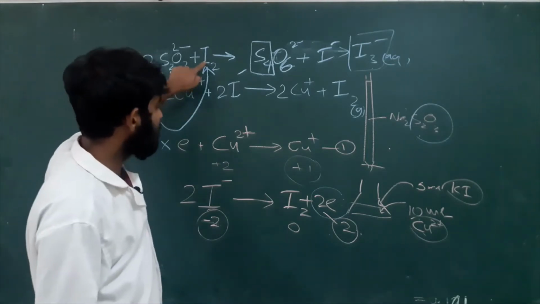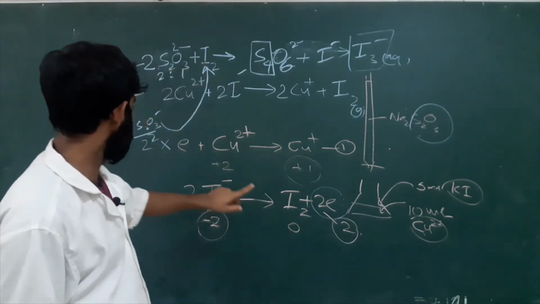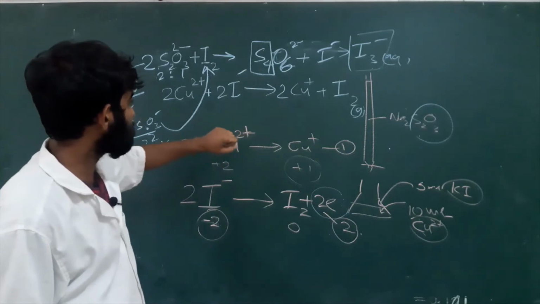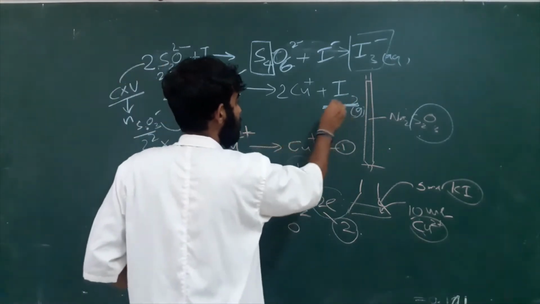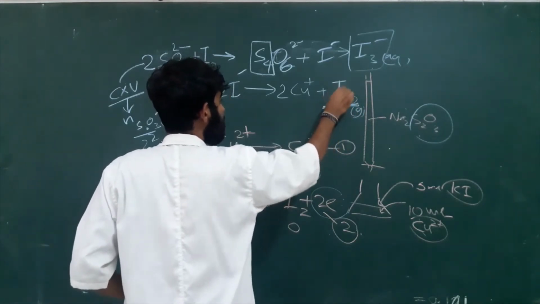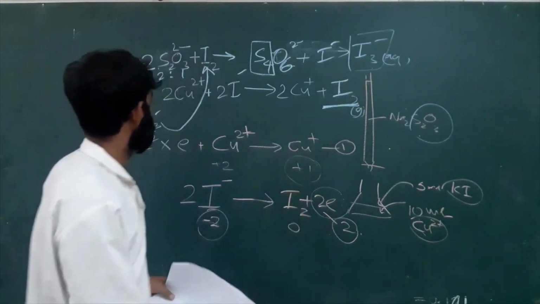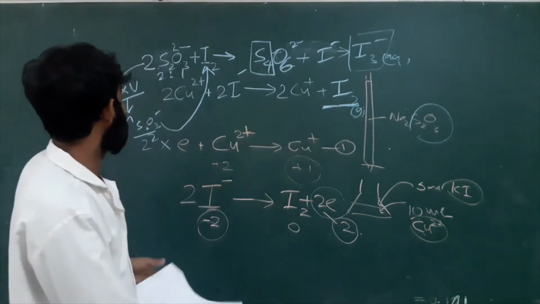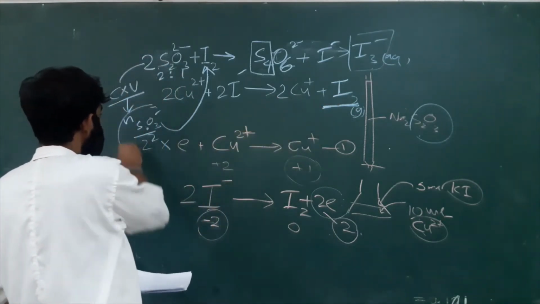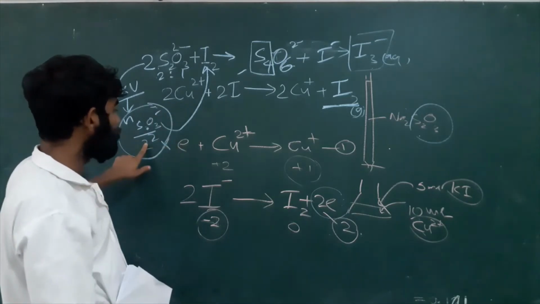In our balanced equation, to get the number of moles of iodine, we have to divide the thiosulfate moles by 2.